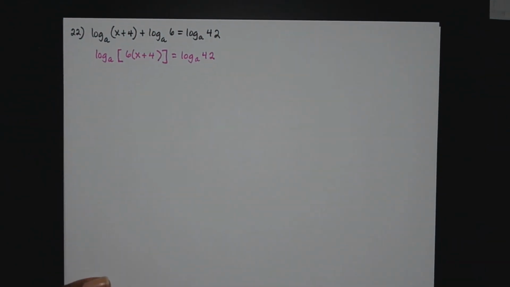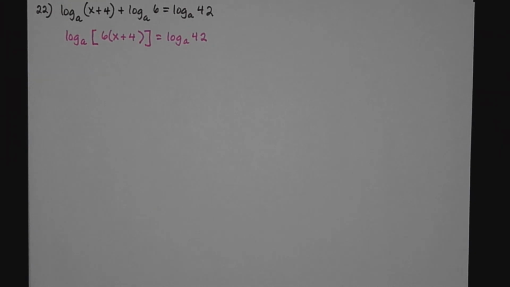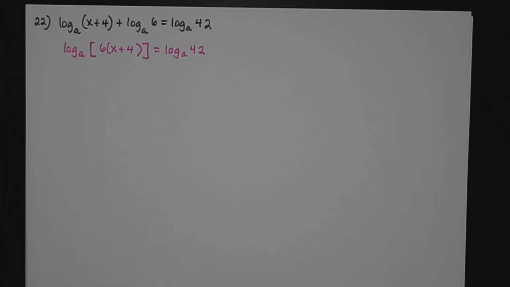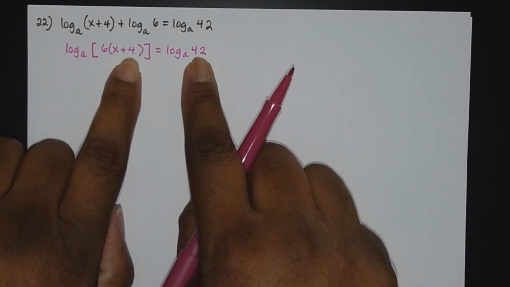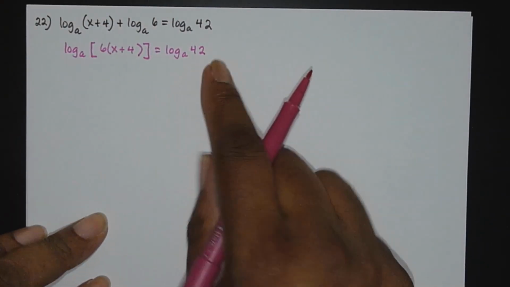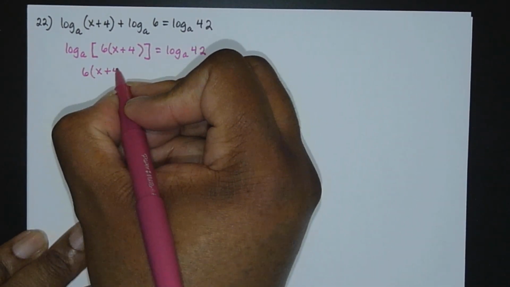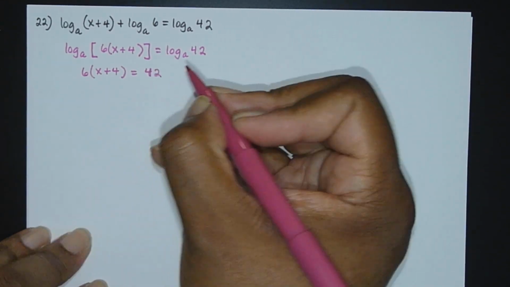Now here I can apply the one-to-one property. That one-to-one property says here, if you have log to the base b of m equaling log to the base b of n, these expressions can be set equal to each other. So I can set 6 times the quantity of x plus 4 to be equal to 42.